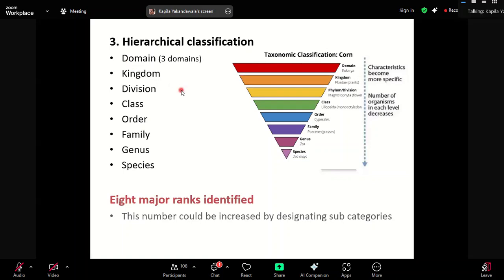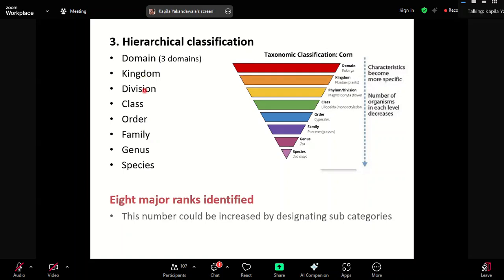Hierarchical classification, because if you look at a private company, you have a CEO, Chief Executive Officer. Under the CEO, you have about 5 directors. Under directors, general managers, managers, right? Likewise, there's an order. Similarly, in plants also, it is like that. Domain is on top. Under the domain, you have kingdoms.